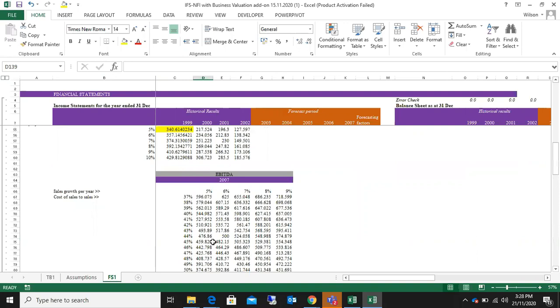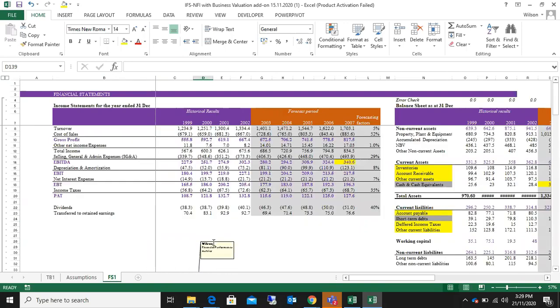So let's go to the income statement. Now, in the income statement here, we have net interest. We have the net interest expense, right? So in the net interest expense, these are the values that we have. But the net interest expense is the difference between the interest income and the interest expense.